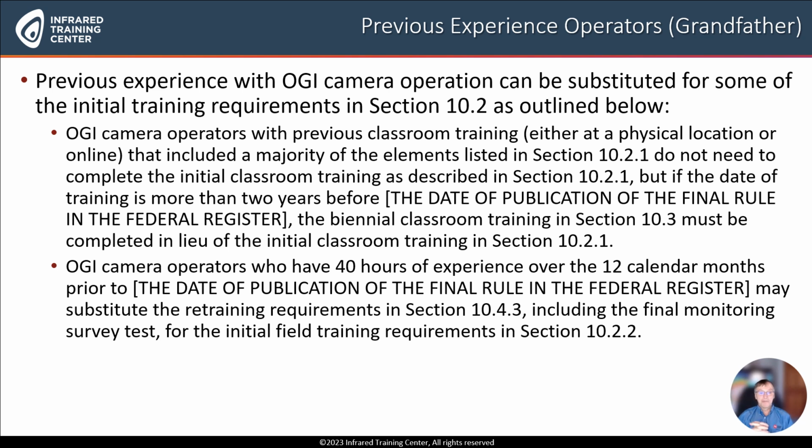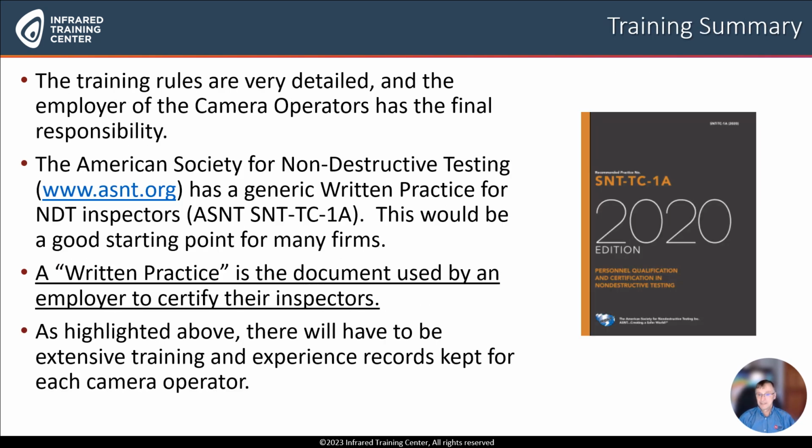And OGI camera operators who have 40 hours of experience over the 12 calendar months may substitute the retraining requirements, including the final monitoring survey test, for the initial field training request. So even those folks who do this on a part-time basis, let's say you're working 1 week out of the whole year doing this, you still have to complete the training, but it's not as onerous as starting from the start.